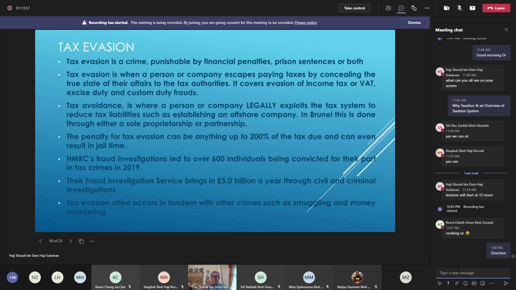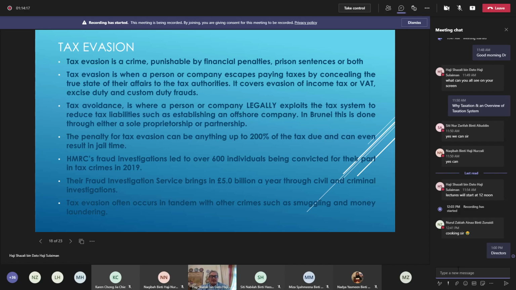You transfer your profit from Brunei to Labuan, Luxembourg, Jersey, Guernsey, or the Isle of Man. Instead of paying 18.5% tax in Brunei, you're paying 0% tax in an offshore jurisdiction. That is considered tax evasion.